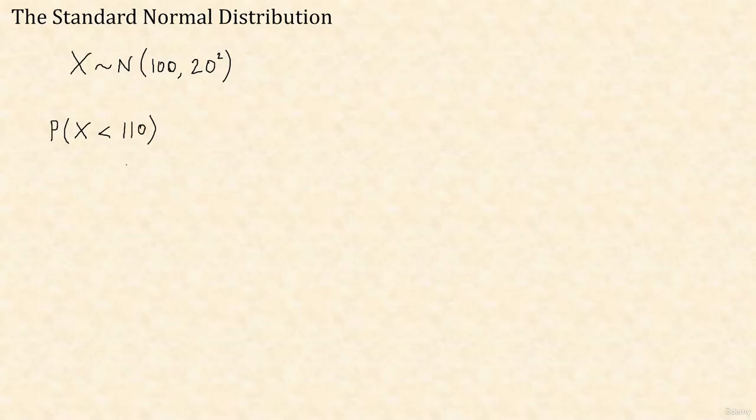How do I actually work that out, given that it doesn't correspond nicely to the 68, 95, 99.7 rule? Well, I'll come to that in a second. Now, suppose I had the following different random variable y, and it had the following normal distribution. It had a mean of 8 and a standard deviation of 5.